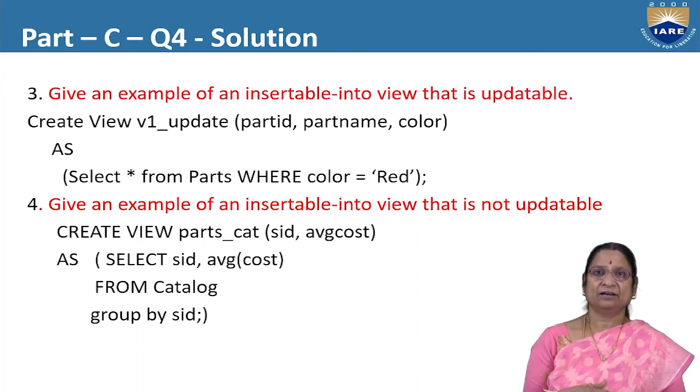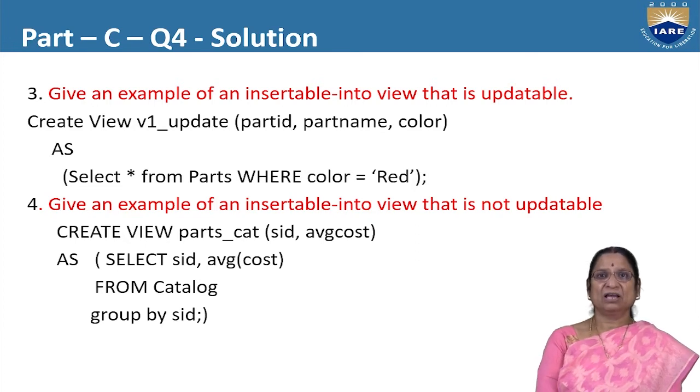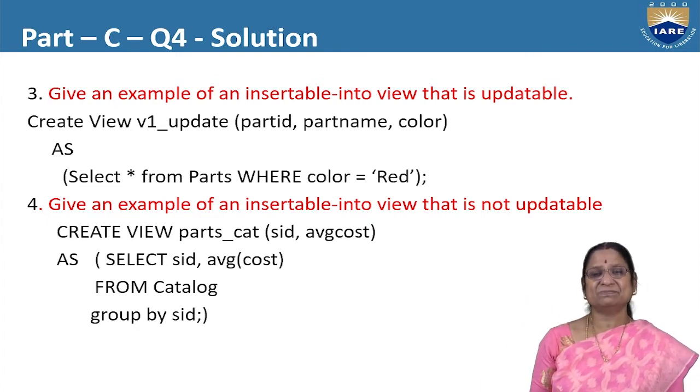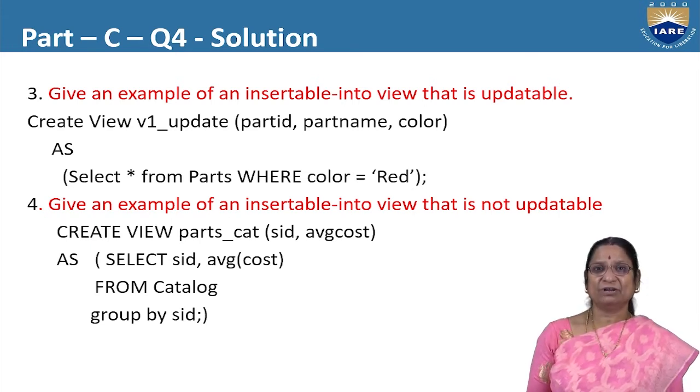Let us assume that the number of parts is increased by 2, so that means count of PID is incremented. Let us assume that I am updating my view. But how will these updations reflect in our base tables, because aggregate values were updated here. According to that, tuples must be generated, or some insertions must be carried out in our base tables, which is not possible.